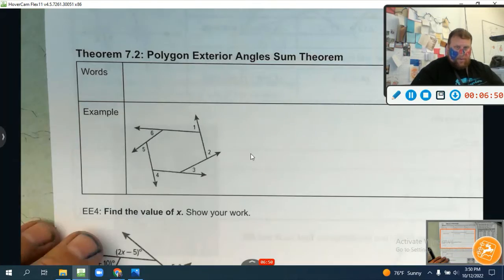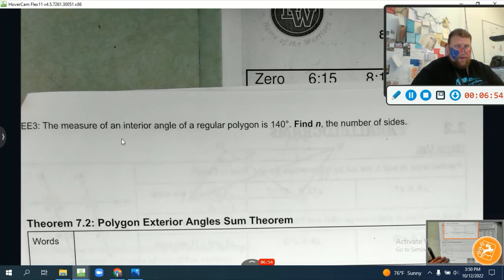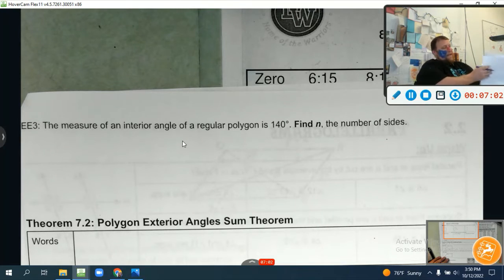Okay, let's scroll on down. The measure of an interior angle of a regular polygon is 140 degrees. Okay? Find the number of sides. All right?